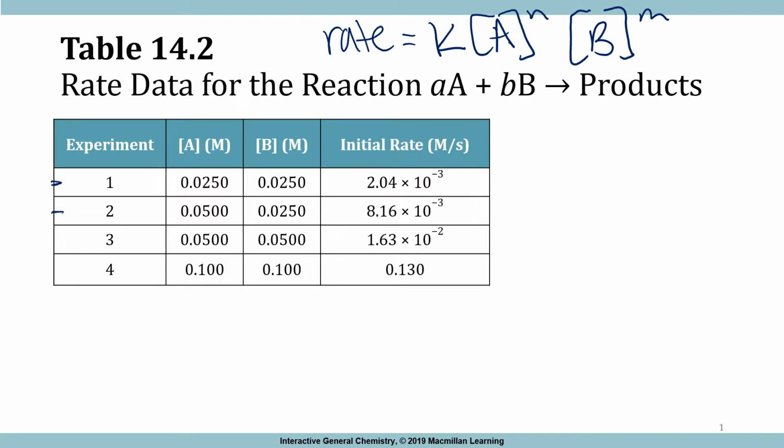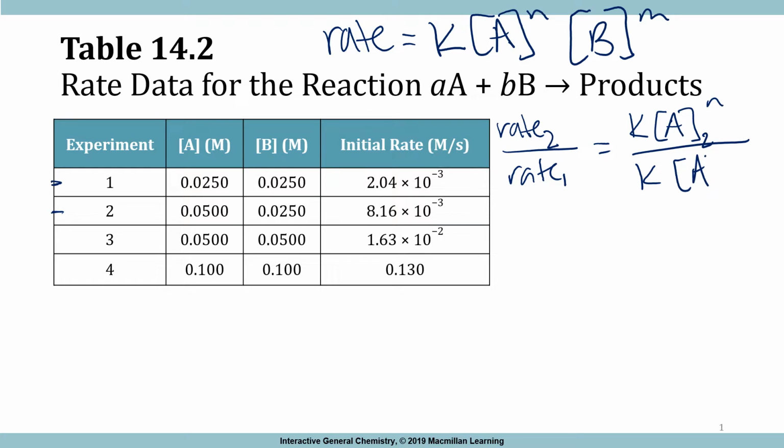So let's just do the exact same method. We have rate 2 divided by rate 1 is equal to K times the concentration of A in experiment 2 to the nth power, over K times the concentration of A in the first experiment to the nth power, and now we can plug everything in.